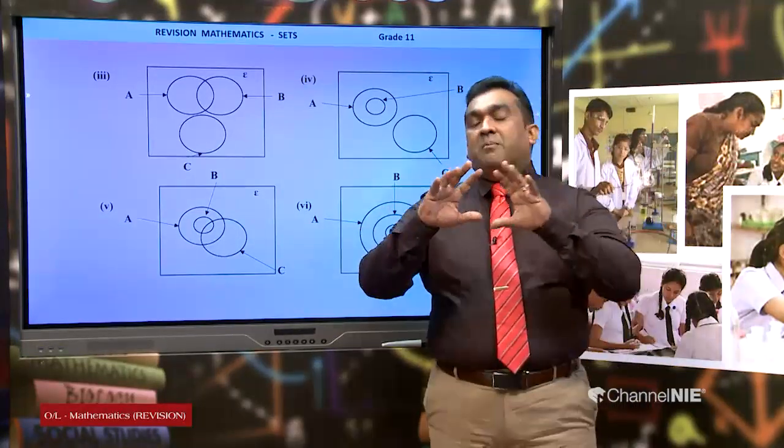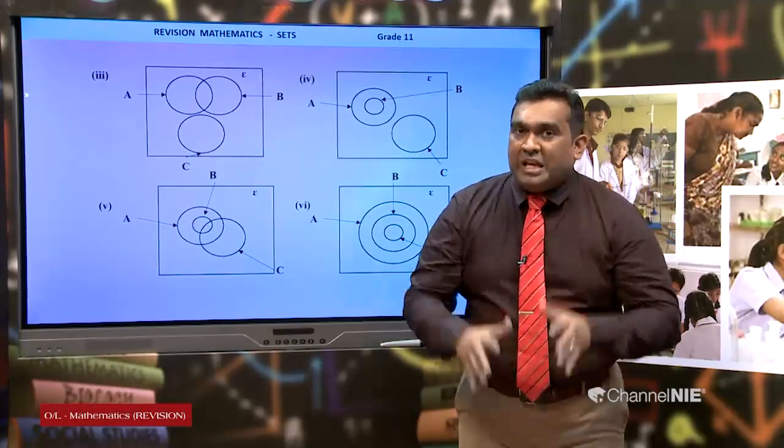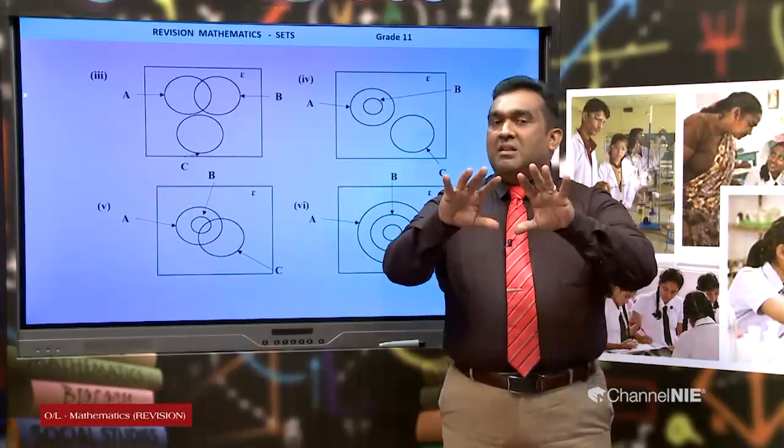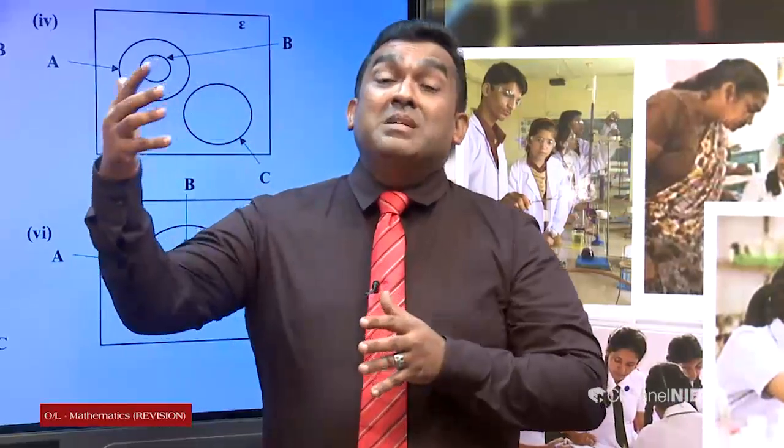Before solving problems based on sets, it is important and essential to identify the regions, the total number of regions, right. The sum of the regions of elements is the number of elements of the set, right.